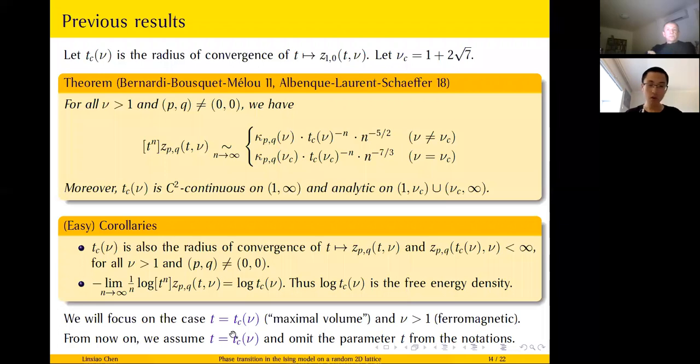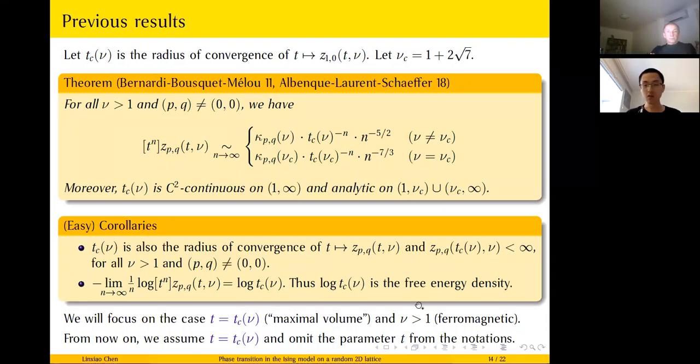And in the following, I will focus on the case where I fix the parameter t to its maximum value. So recall that Tc is the radius of convergence of this series. So I cannot plug in any value larger than Tc, otherwise I'll get infinity. But I'll plug in the maximum value.